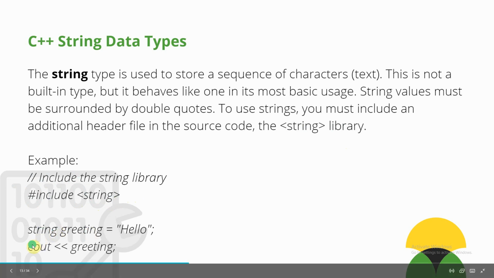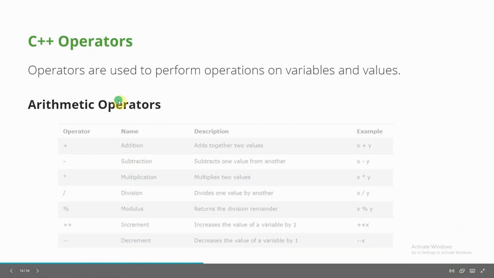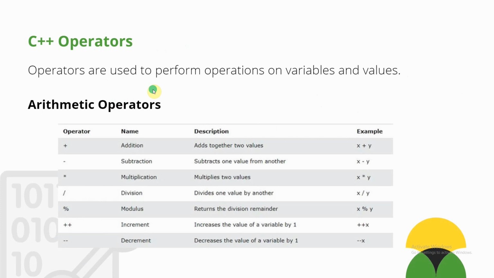Now for C++ operators, again, operators are mathematical operators, no? And let's take arithmetic. These are used to perform operations on variables and values. So for arithmetic operators, we have this table.